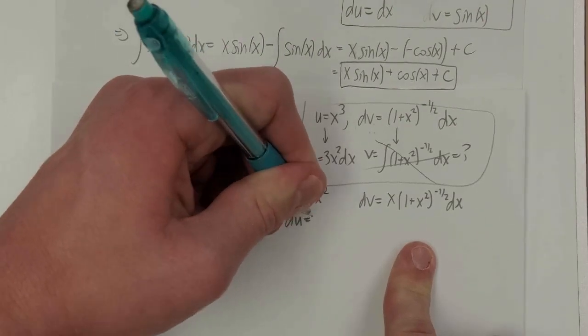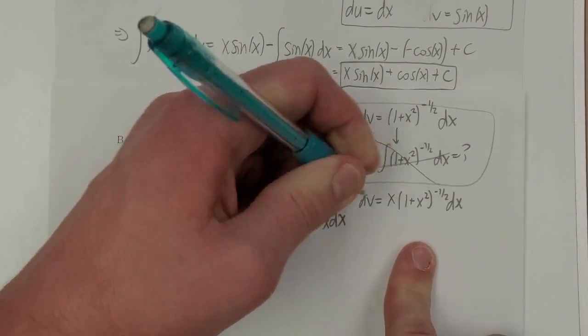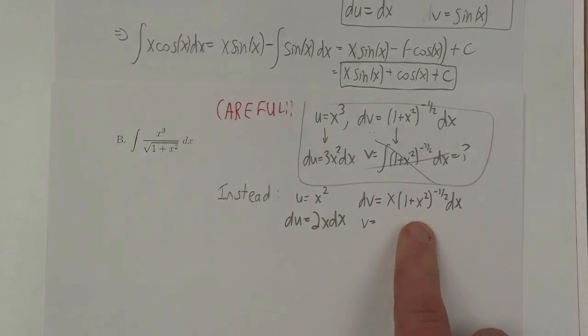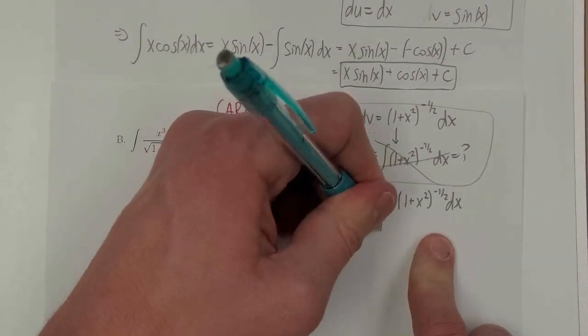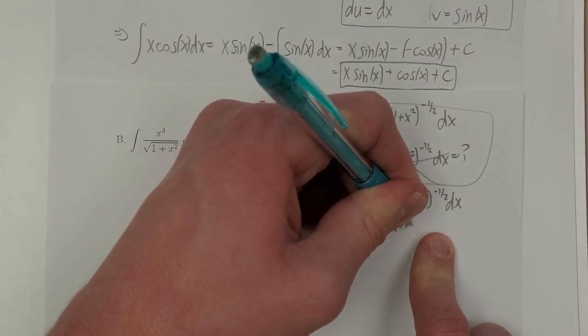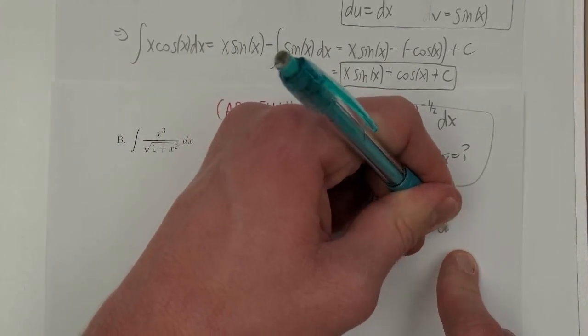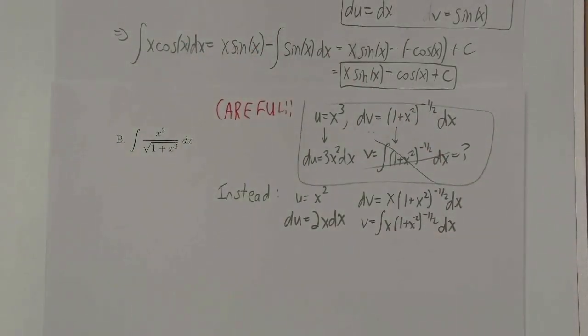So du, that's 2x dx, no problem. But then what would the antiderivative of x times 1 plus x squared to the negative 1/2 be if we utilize u substitution, or just substitution?